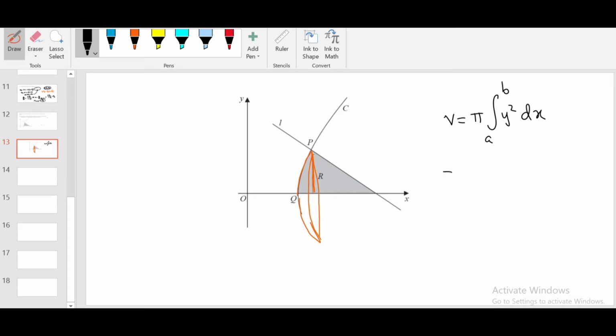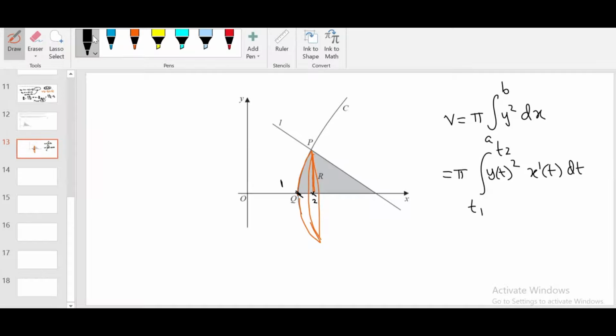If you have parametric equations, it's y of t, whatever it is, the function whole square, x dash, the first derivative of x, dt, t1 to t2. You can get this volume. So in this case, the point Q, the value of t for this point is 1 from part A. The value of t corresponding to this point, the point P, is 2.